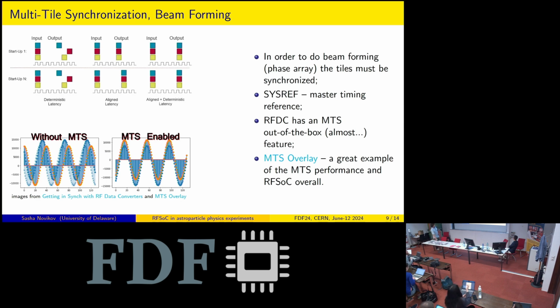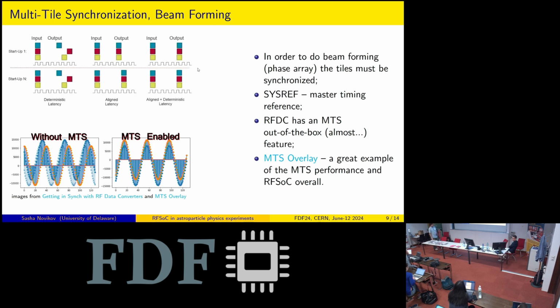So the idea here, again, you have multiple ADCs or DACs. In this case, it doesn't really make a huge difference. And what you want to make sure is that all the data coming in or out are very well synchronized. So not only does it start at the same time, but also the delays and latency are the same for the tiles.